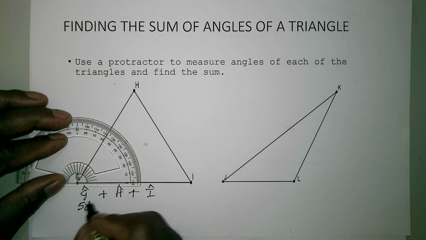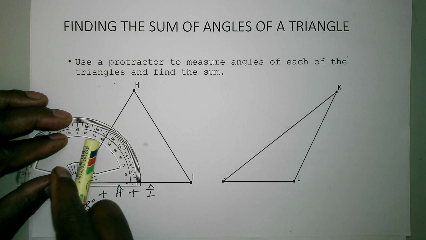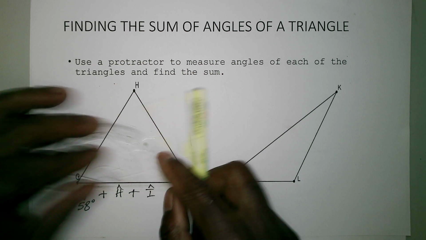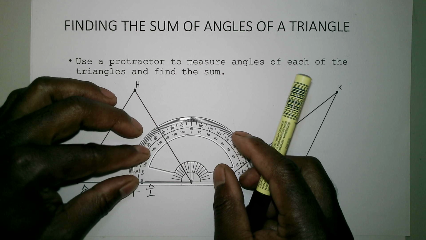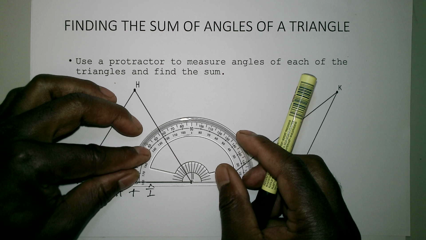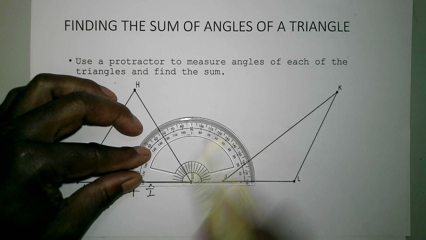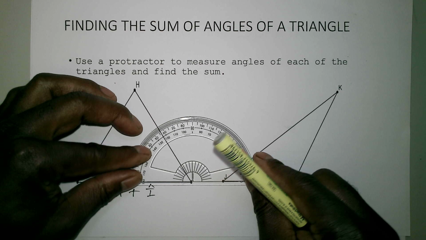Okay. Now let's try. And remember, there is this line which is 90 degrees. That must go through the point of intersection of the two lines.